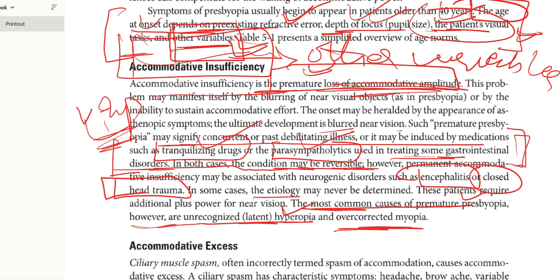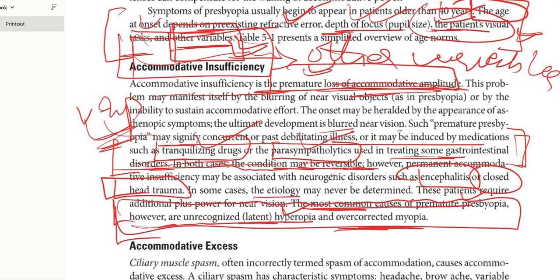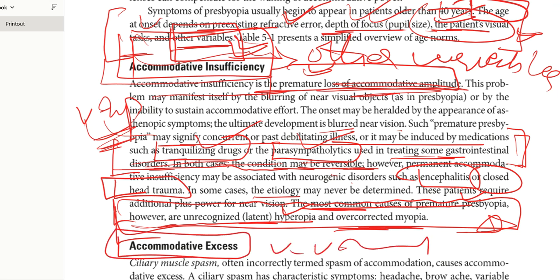These are the drugs. But the most important cause of premature presbyopia is this. Please read this topic very carefully. Also, accommodative excess. Very, very important topic.